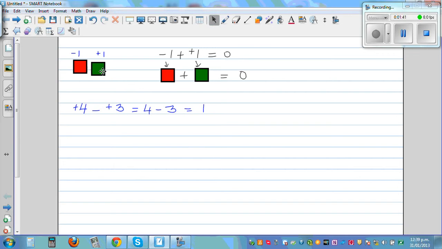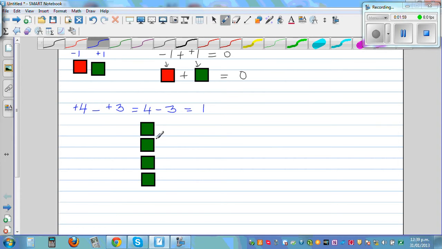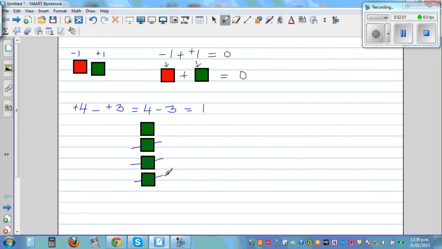This is your 4 tiles: 1, 2, 3, 4. From the 4 tiles, you're taking away 3 tiles. That means you are canceling these tiles, and what is left is 1. So this is pretty easy.